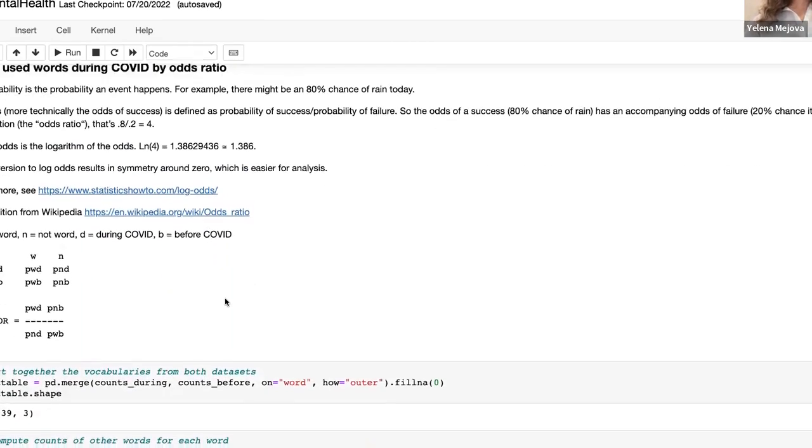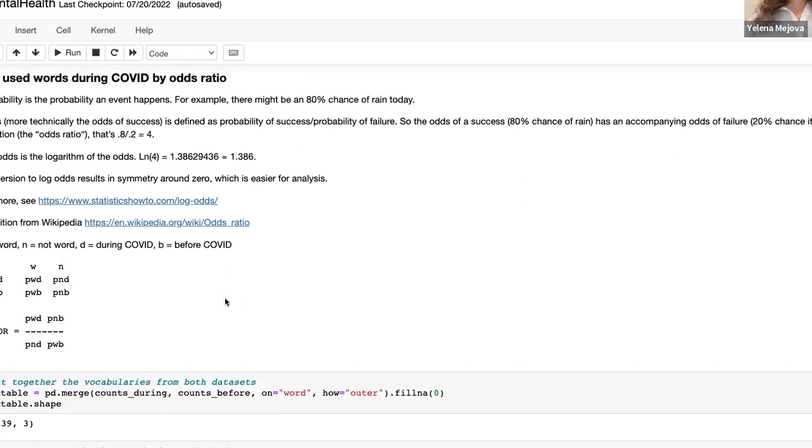Okay, and so what I want to compute is this thing called odds ratio. But basic idea, and I have a few links to Wikipedia here, is that I want to see, well, we've talked about, I don't know, beds, like this before COVID, and then like this after COVID, right?